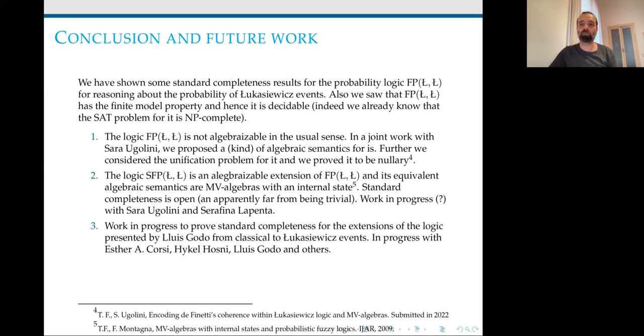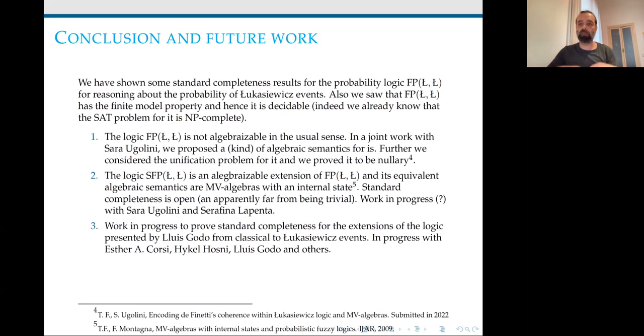The first hope was to try to apply the strategy I presented to you today to this more general case, but it has been more or less a year that we have been trying to prove standard completeness for this logic with Sara and also with Serafina Lapenta, and we haven't succeeded yet. It seems to be much more complicated than it appeared at the first stage. And finally, the U-shaped proof, that of translating and then applying completeness at the propositional level, has been used several times to prove standard completeness for this kind of logics.